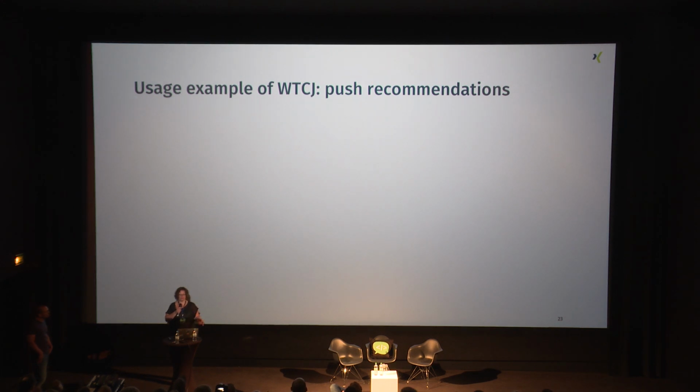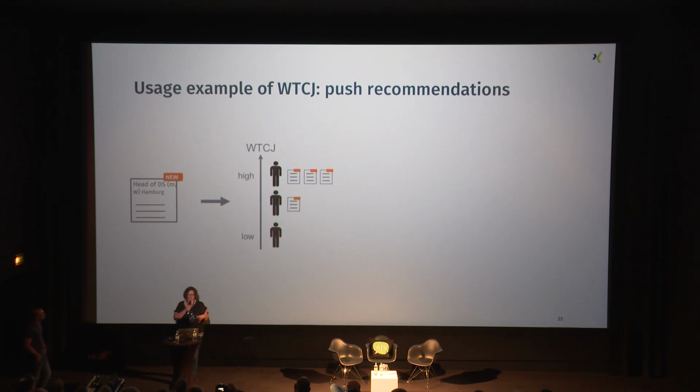So additionally to the recommendations that I showed you before, we have push recommendations. This means it's not that a user comes to our site, but that we have a new job posting. So this comes in because it's crawled or because a company, a recruiter added it through an API. And now we want to directly find the best users for this.